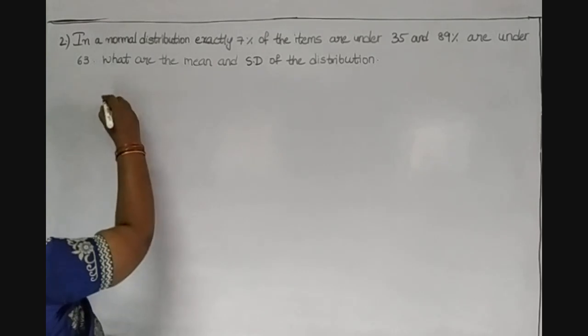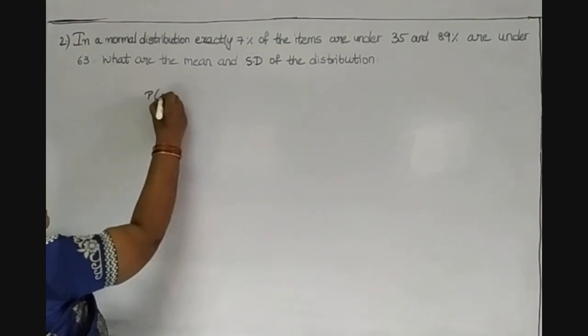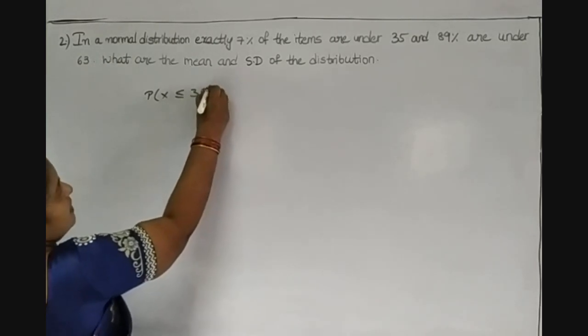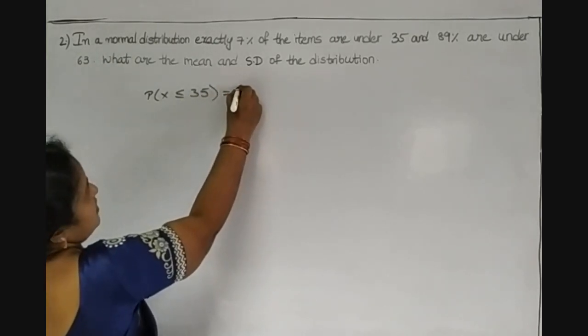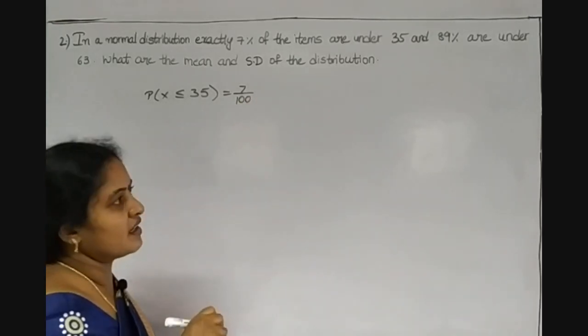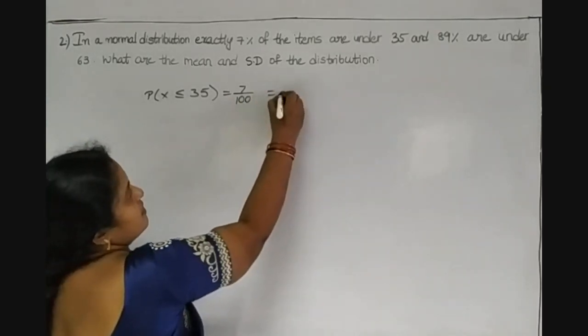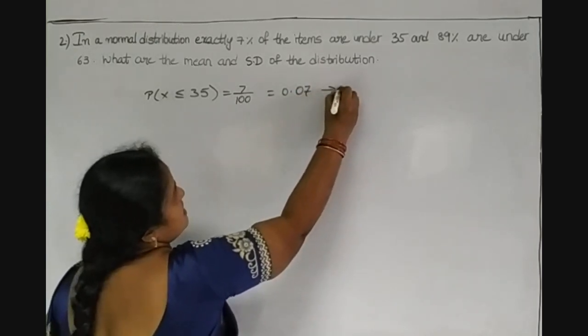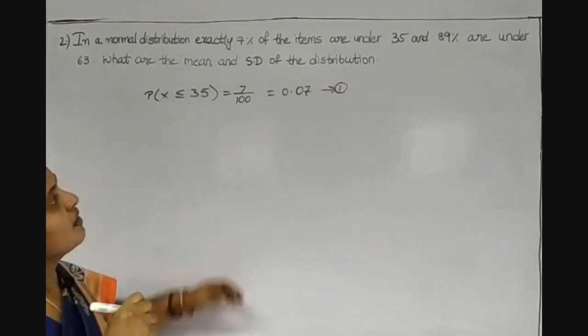That means P of X less than or equal to 35 is equal to 7%. 7% means 7 divided by 100, which is equal to 0.07. This is equation 1.